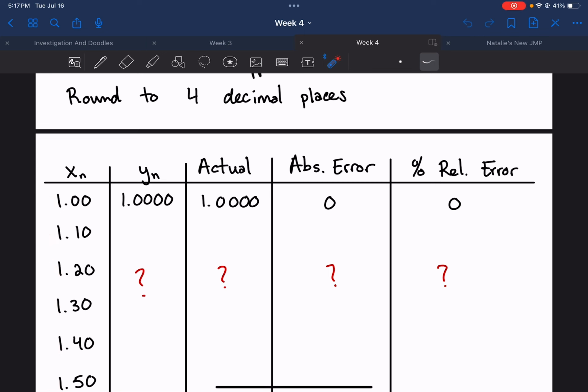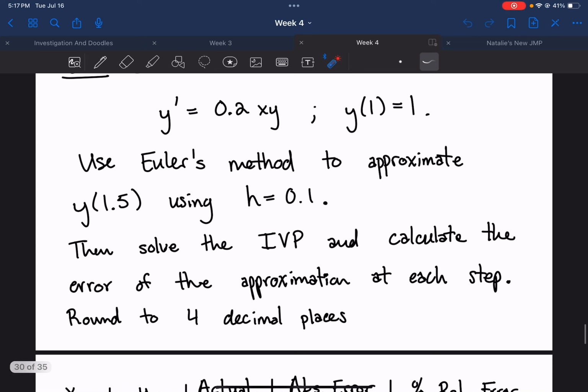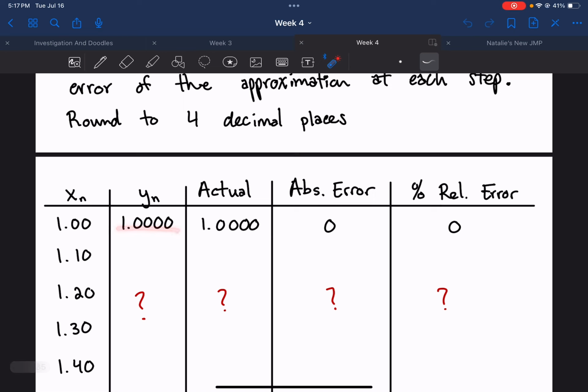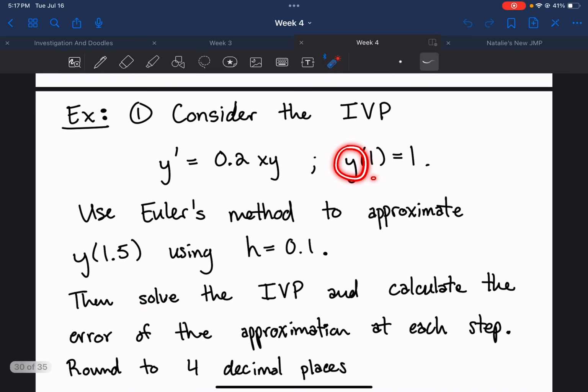I also know y0 because it was given to me. I know that y0 is exactly 1. That's going to be my first step of approximation, and it also happens to be the actual value of y at that point, because this is the true solution. Not approximated, the true solution.